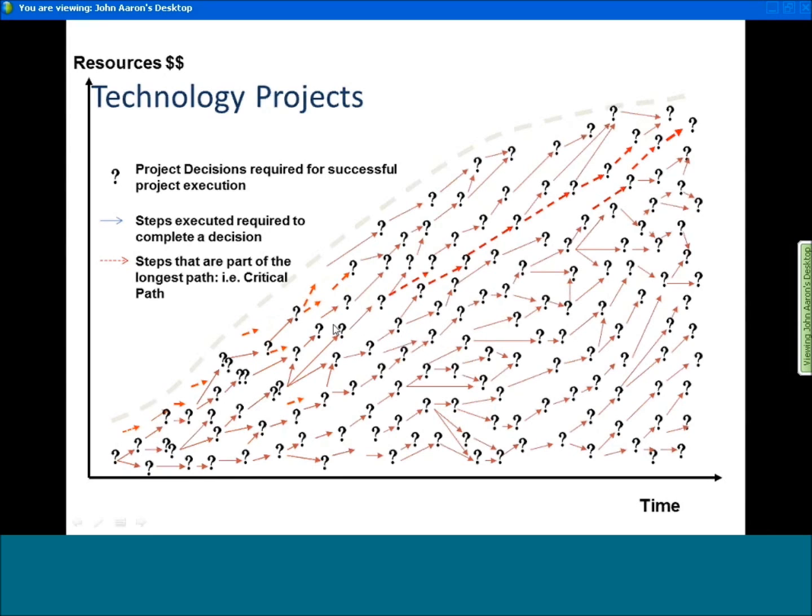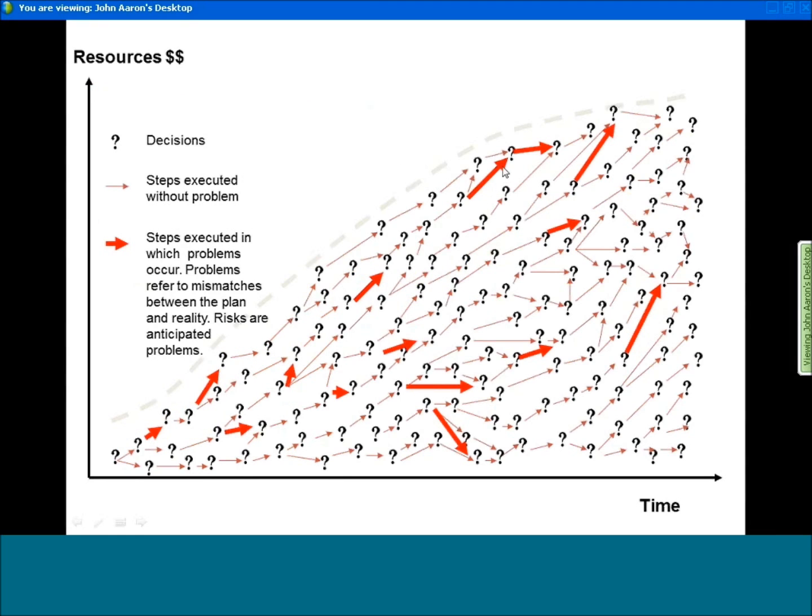Question marks reflecting decisions, one following another. And this thing that we call the critical path is really the longest chain that exists on that. This may be the way we plan our project, but risks and issues start to emerge, and these kinds of things can change the critical path and extend it.